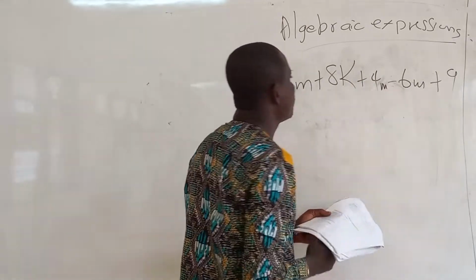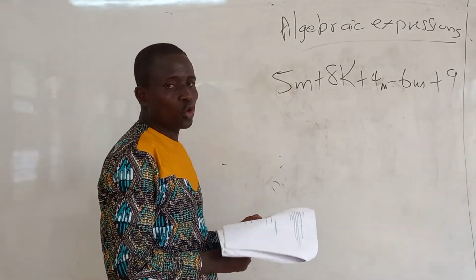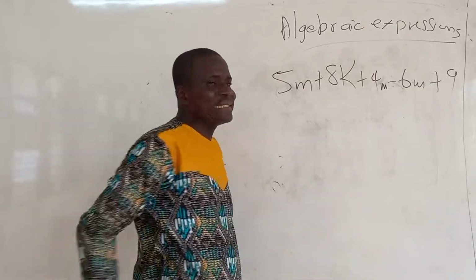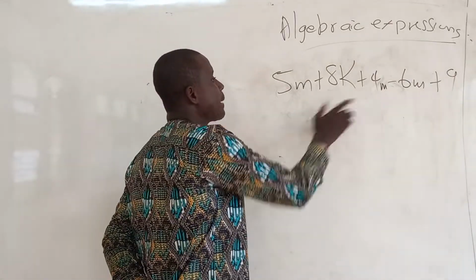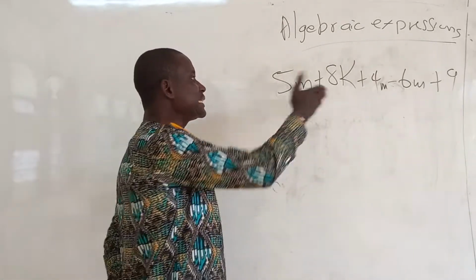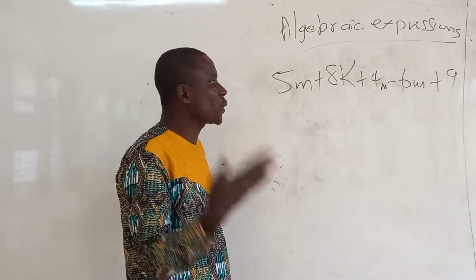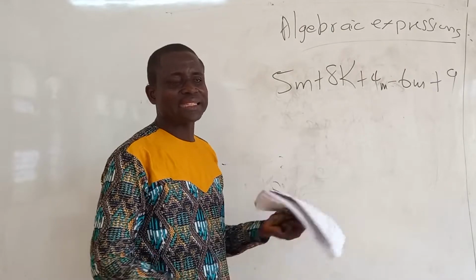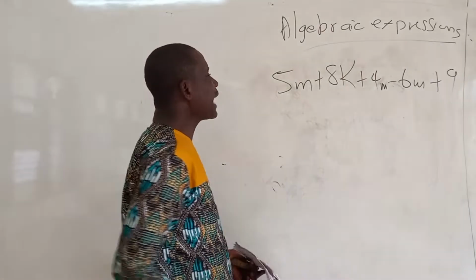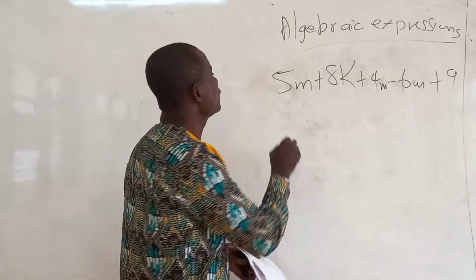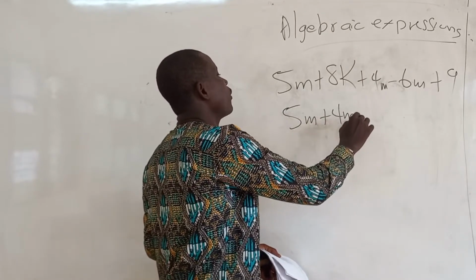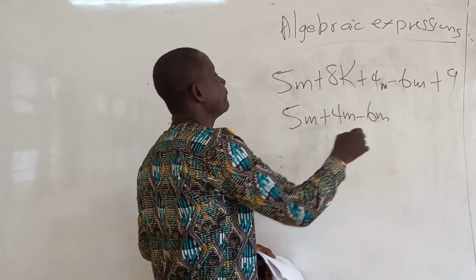So once again, I have to group the terms first. What do you see here? We are seeing a term that entails m, a term that entails k, and a constant. If I say constant, I'm talking about the numbers that are not having any letter attached to them. So if I want to group the like terms, it's going to be 5m plus 4m minus 6m.